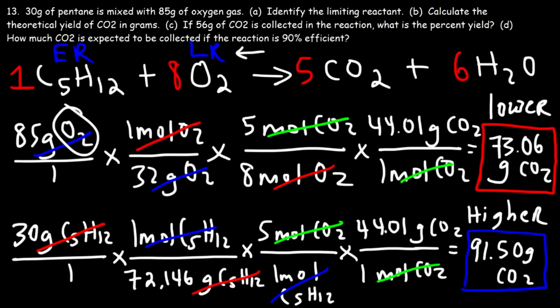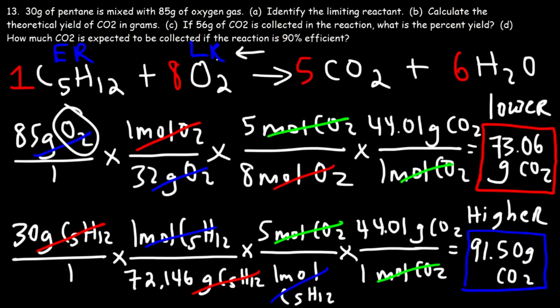Now the actual theoretical yield is going to be the lower of these two values. The theoretical yield is based on the limiting reactant, because once the limiting reactant is completely consumed, the reaction stops. If one of these guys disappears, there is going to be no reaction. They need each other to react.